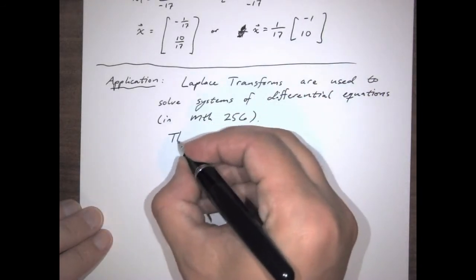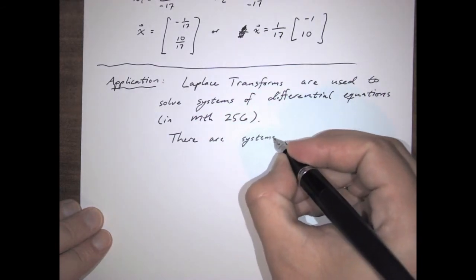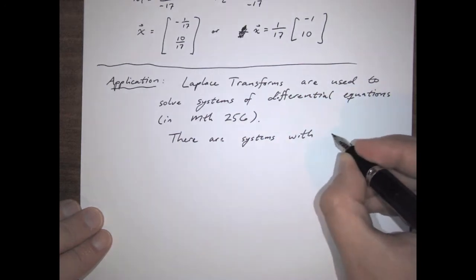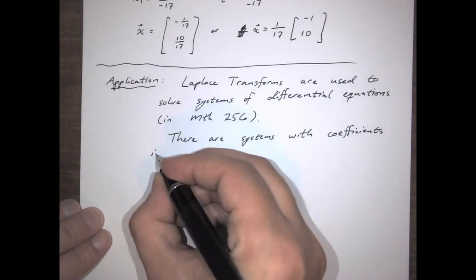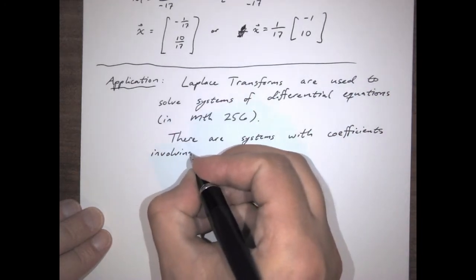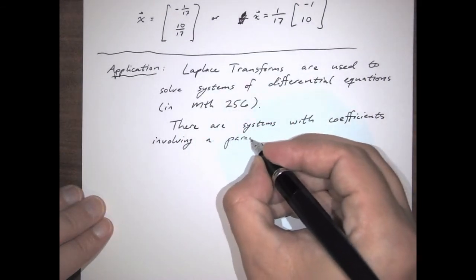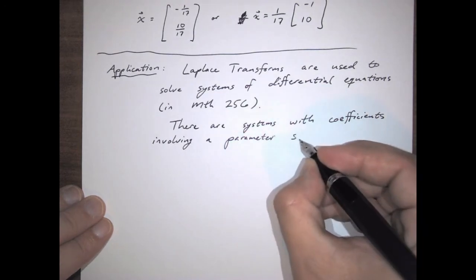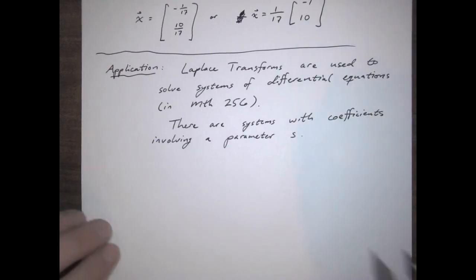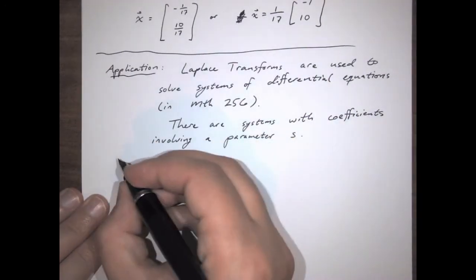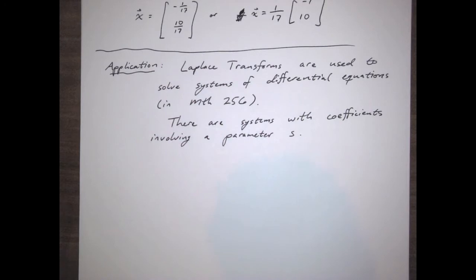So there are systems with coefficients involving a parameter s, or really it's an indeterminate, but that's all right. So this is an example that literally I just pulled up from an example that was done in Math 256.